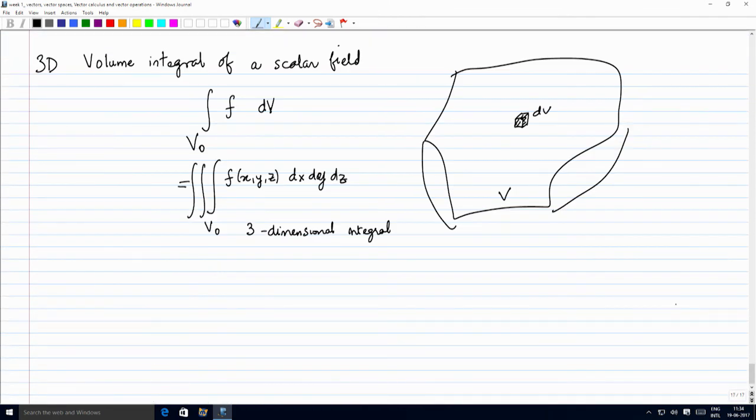And this will sound familiar to those who have seen thermodynamics. So, you learn in thermodynamics about path dependent quantities like work and heat.